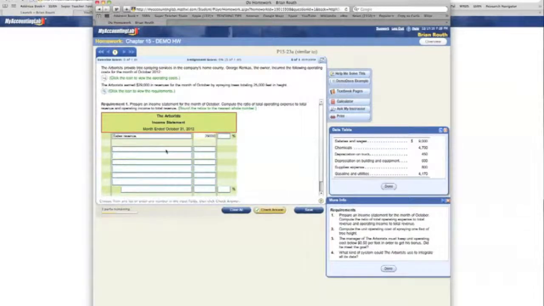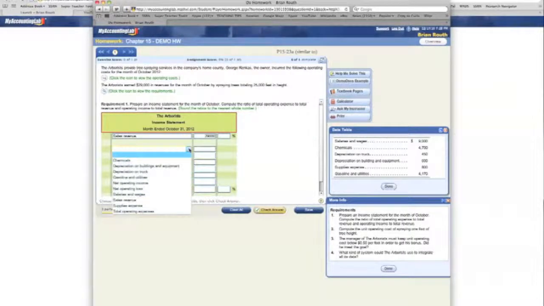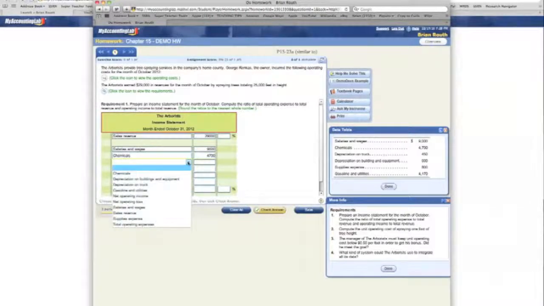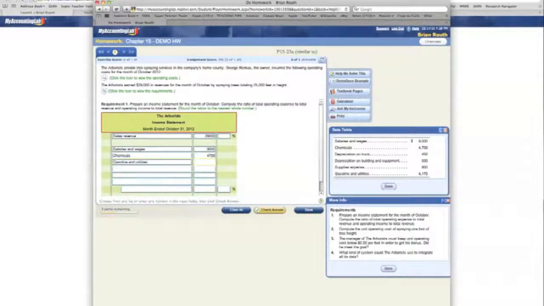The next thing in the income statement is your expenses. So again, here are our operating expenses, and we want to list our expenses from greatest to least. So the first expense we will list, if we look at our list over there, the most expensive one is salaries and wages. So we'll list that one first, $9,000. The second most expensive one is chemicals, and that is $4,700. The third is gasoline and utilities at $4,170.